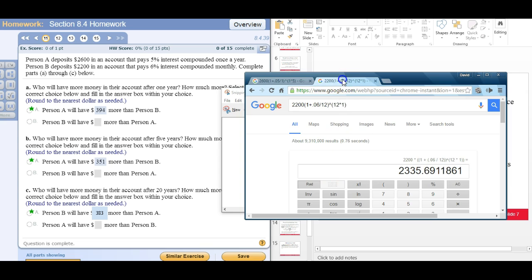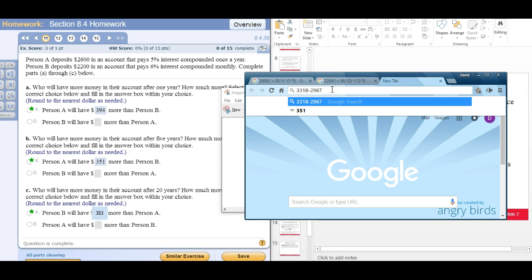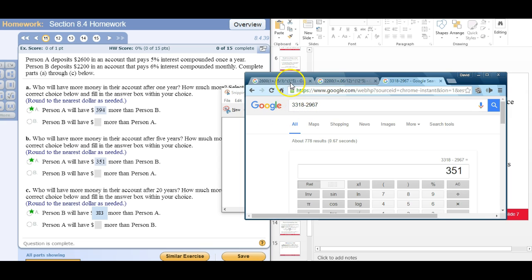Alright, so there's that one, and then this is the second person, 2,200. So all I gotta do is change this to a 5. Okay, so there's person 2, compound interest. There's person 1. So I can just take these two numbers, create a third tab for the difference. So this was the first person, 3318, that's what that would round to. Person 2, 2967. That's below a 5, so that would round to 2967. So I just subtract those two, 351.